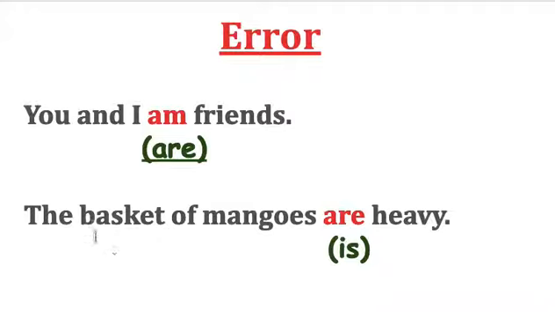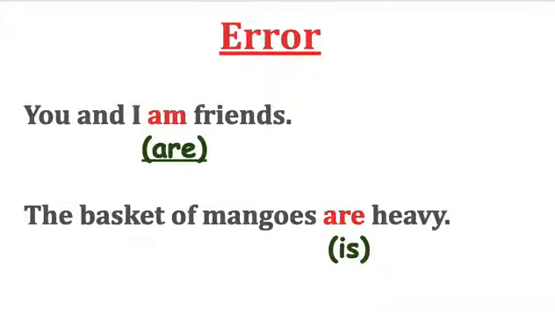So for that reason we say the basket of mangoes is heavy, because it's not mangoes that is the subject here. The subject is the basket, and basket is just a singular form. We decide the choice of the verb on the subject, and here the subject is the basket. That's how I've said the basket of mangoes is heavy.